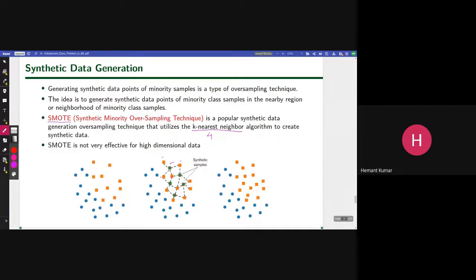So for that algorithm, we pick 1, 2, 3, and 4. So for every synthetic data generation, we have to use 4 neighbors. And this gives equivalent data, meaning equivalency of the class blue and the class red.